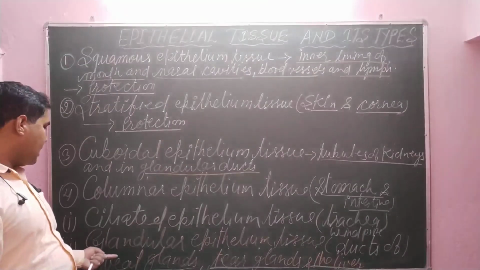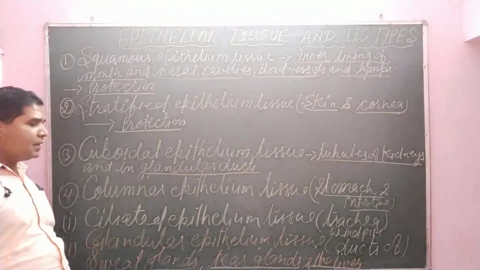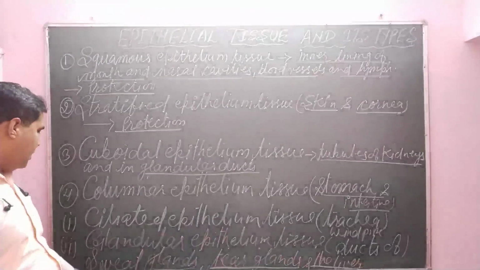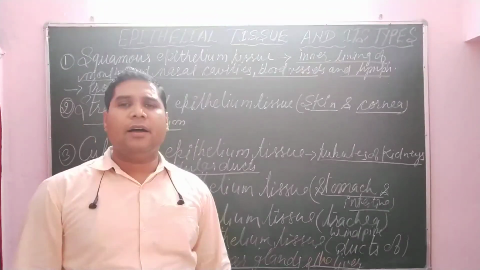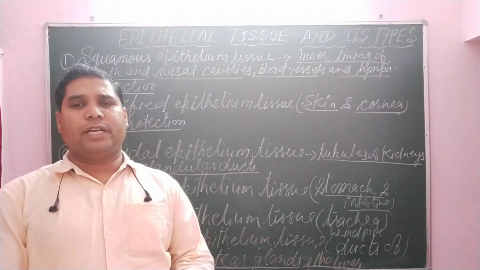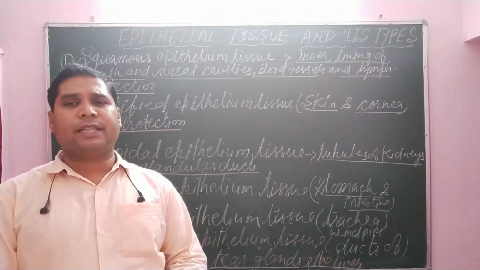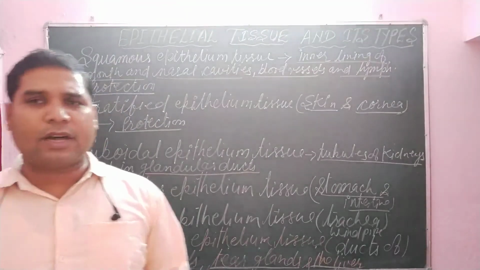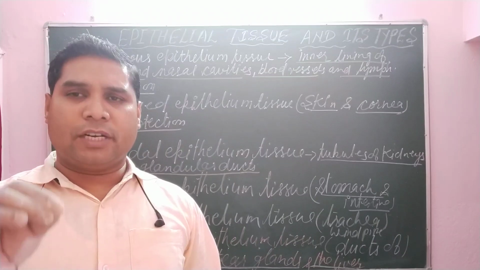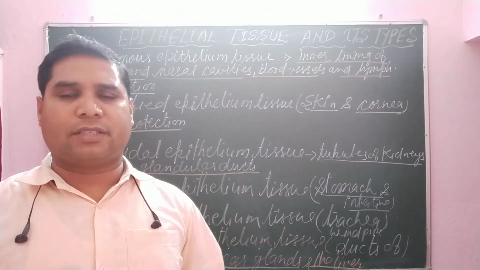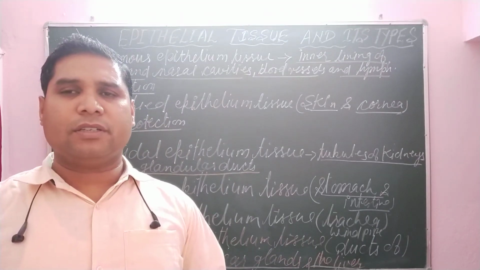Next is the glandular epithelium tissue, present in the duct of the sweat glands, tear glands, and in the liver. So dear student, please read the topic and learn about the epithelial tissue and its types, its location and function. Okay dear student, thank you to you all.